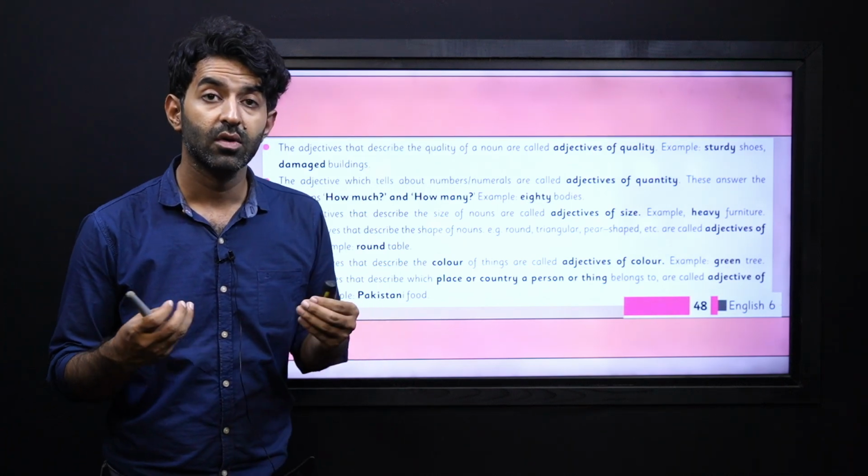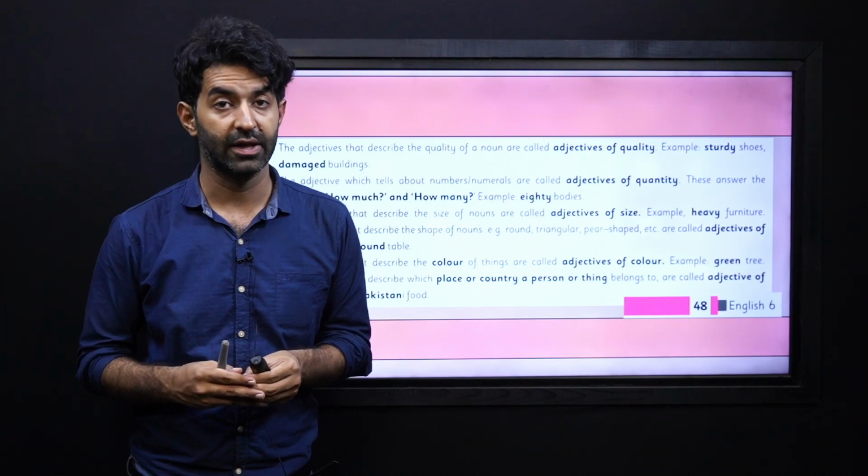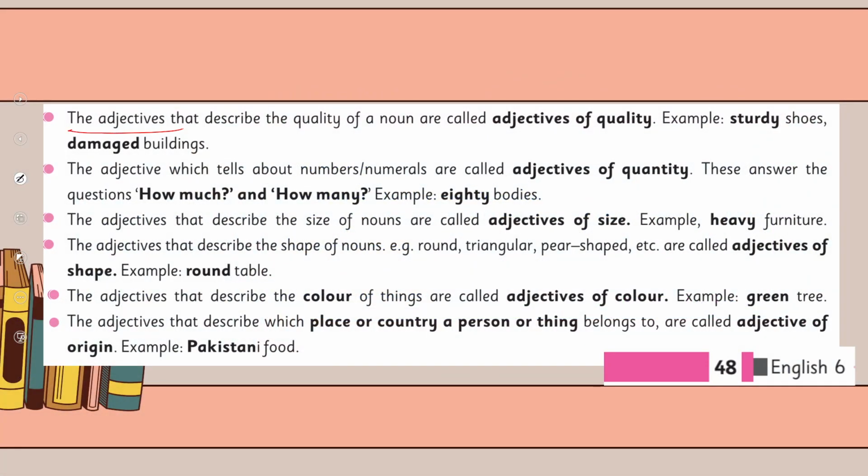Let's see the different types of adjectives. The adjectives that describe the quality of a noun are called adjectives of quality. For example, sturdy shoes. Now, what's the quality of the shoes, students? It's sturdy. Damaged buildings.